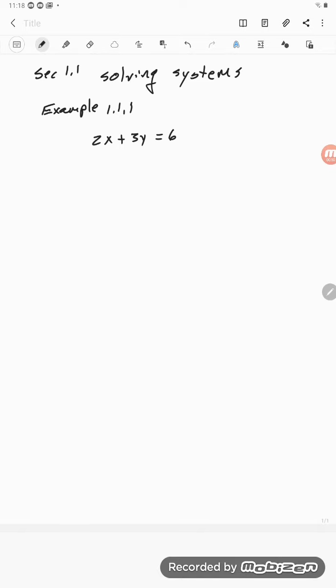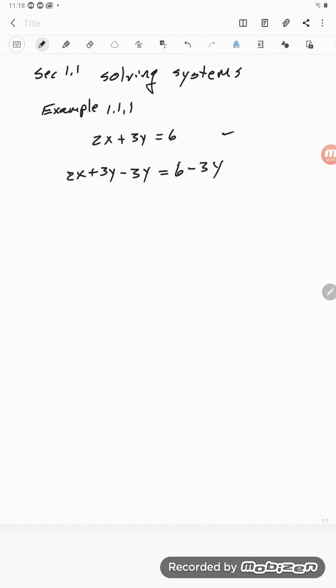And what we know is if I subtract the same thing from two sides of an equation, I get an equivalent equation. So let's subtract 3y from both sides of the equation.